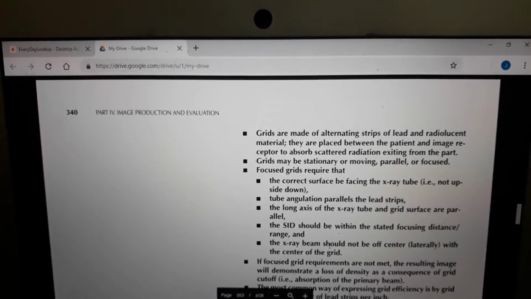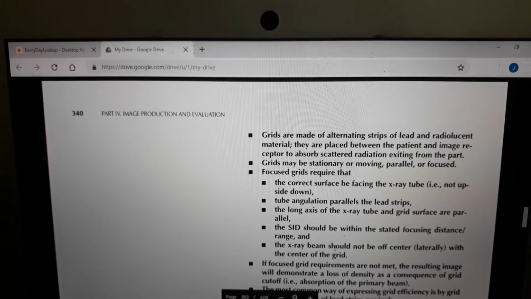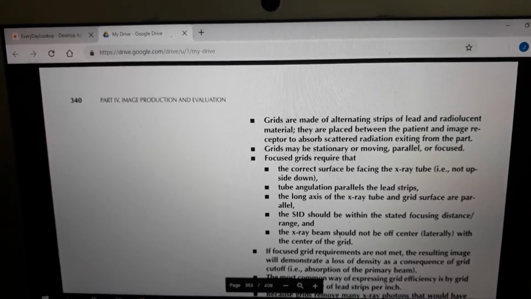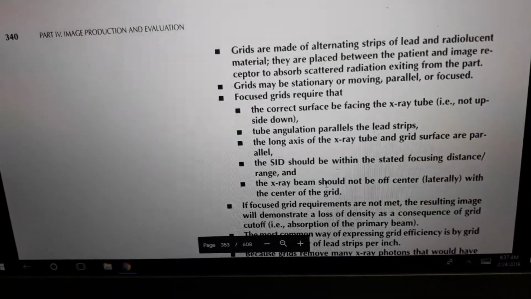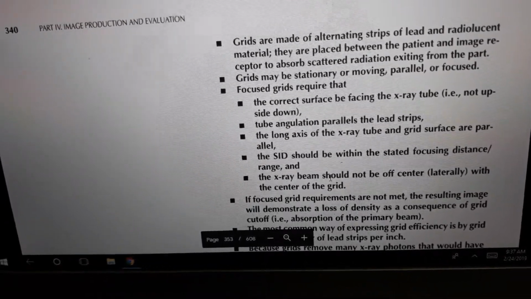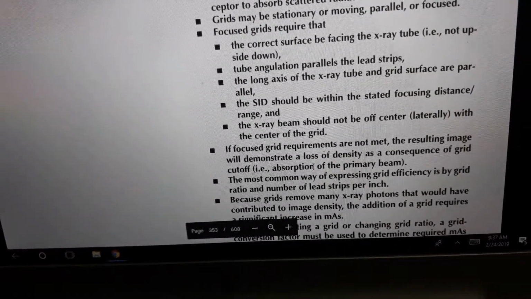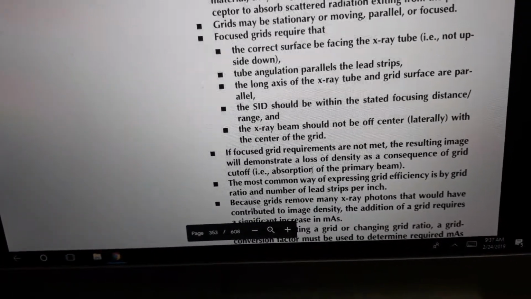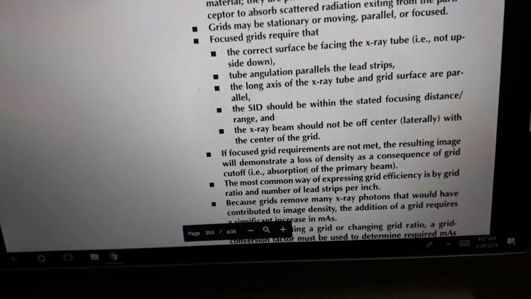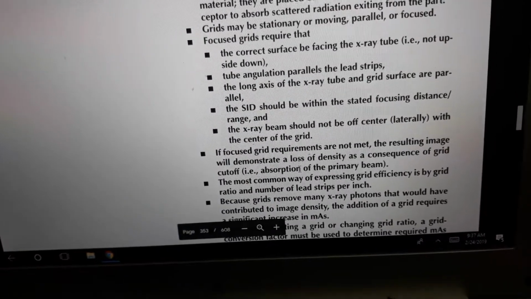The SID should be within the grid's focusing distance range and the X-ray beam should not be off center laterally with the center of the grid. If the focused grid requirements are not met, the resulting image will demonstrate a loss of density as a consequence of grid cutoff of the primary beam.